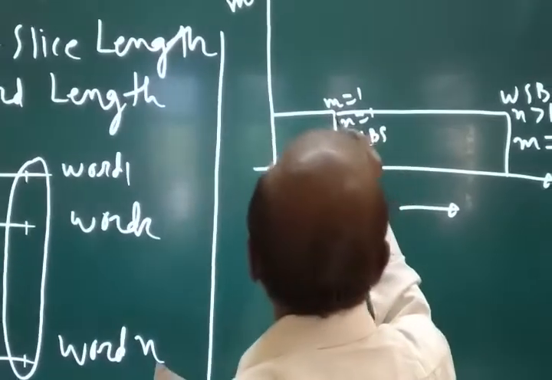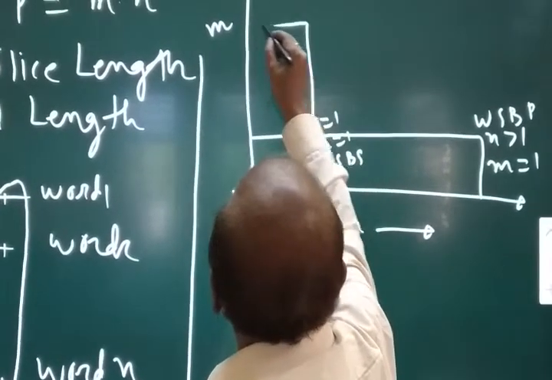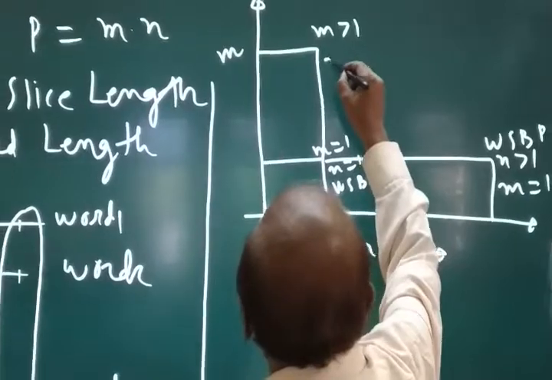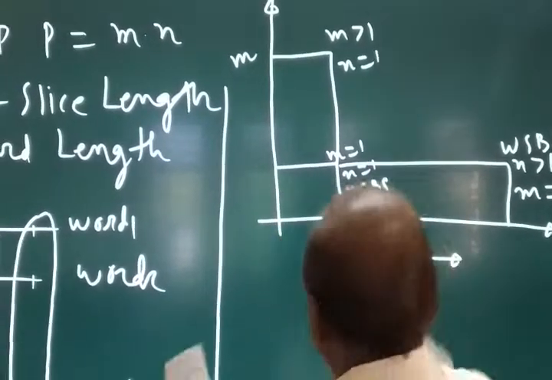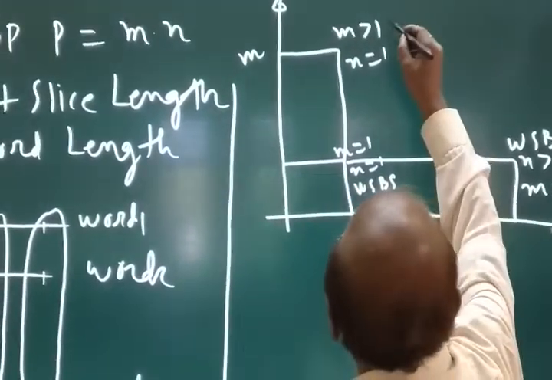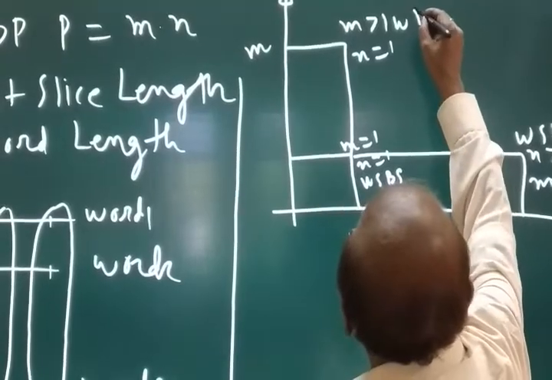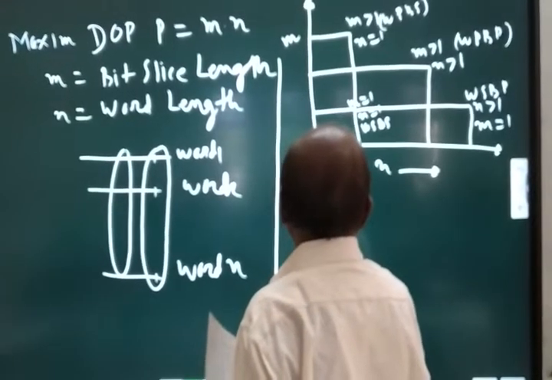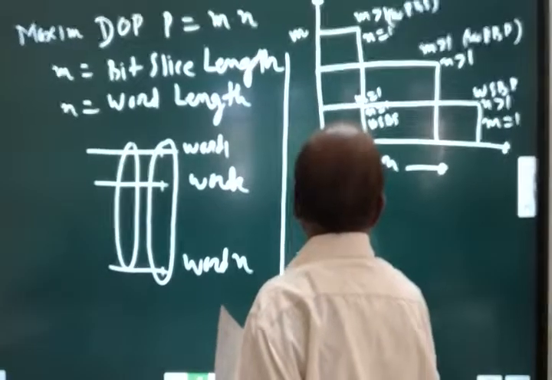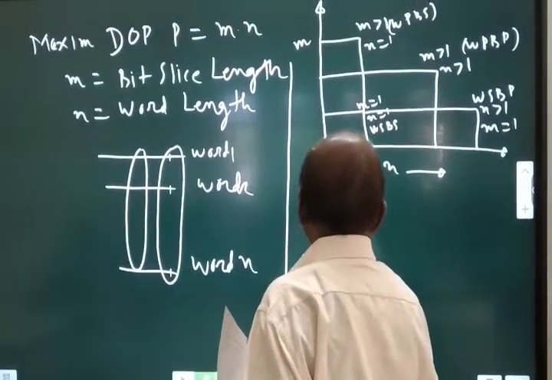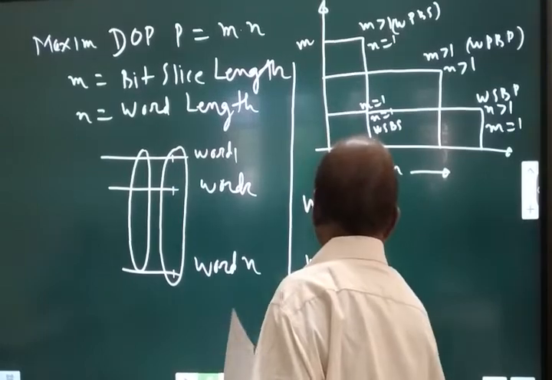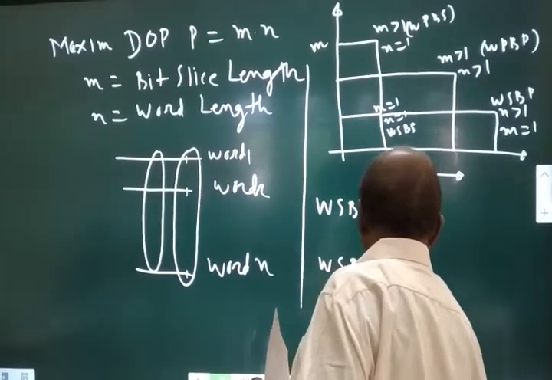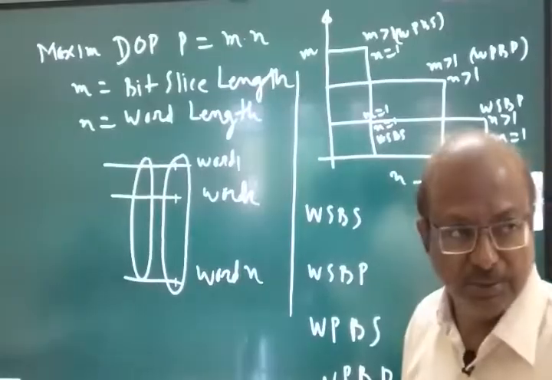Here if you take M greater than 1 but N equal to 1, this will be called word parallel bit serial. And word parallel bit parallel. These are the 4 types of computers.